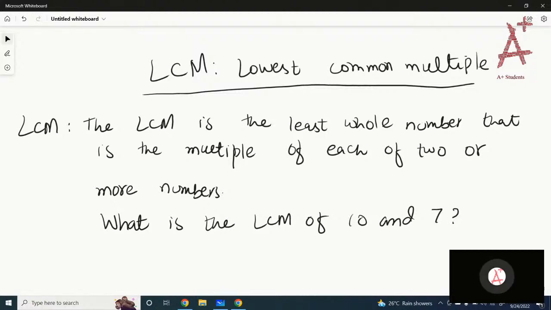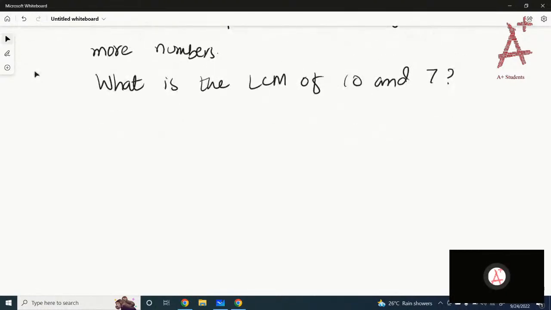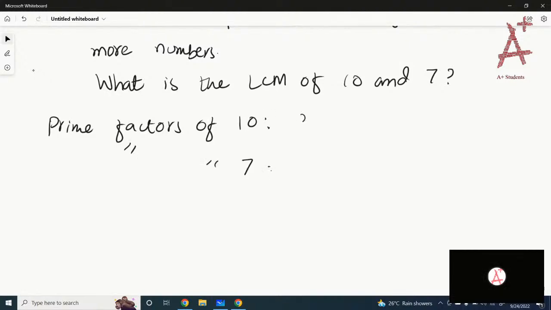For the LCM, you also have to write down the prime factors of both the numbers. So let's start writing the prime factors of both the numbers. So the prime factors of 10 are 2 times 5, and for 7 they are 1 times 7.